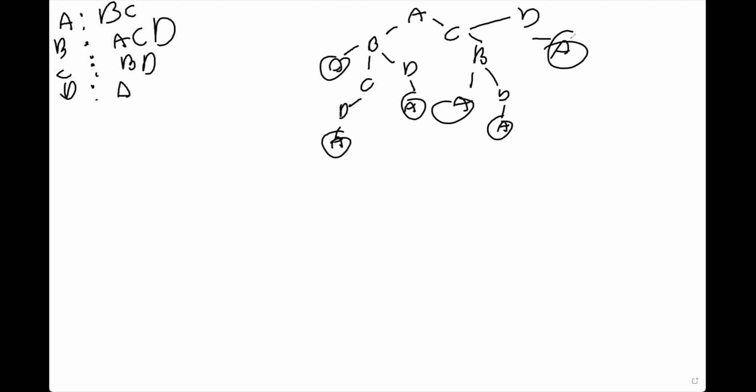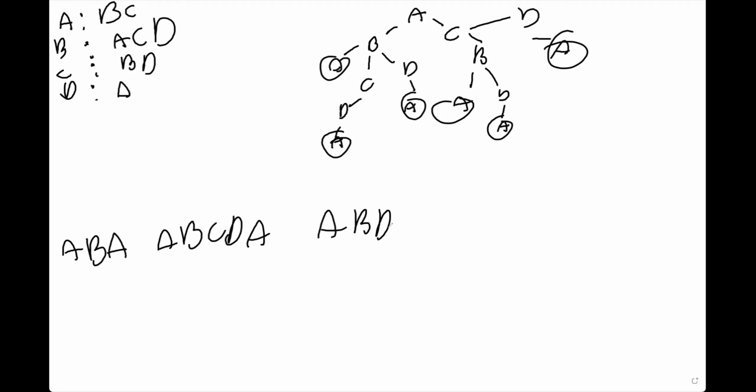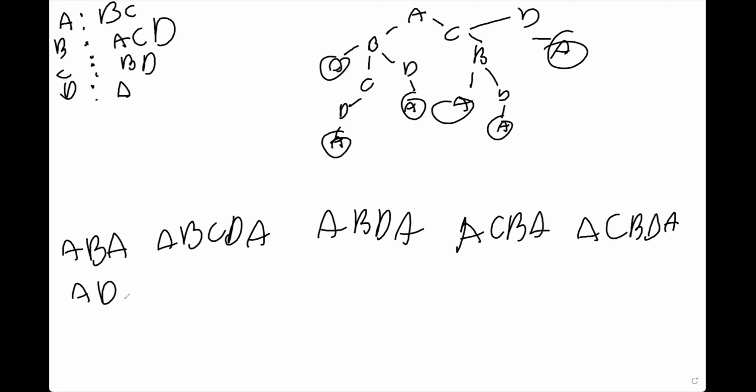So the available loops are just, no, actually, ABA, ABCDA, ABDA, ACBA, ACBDA, and AD.